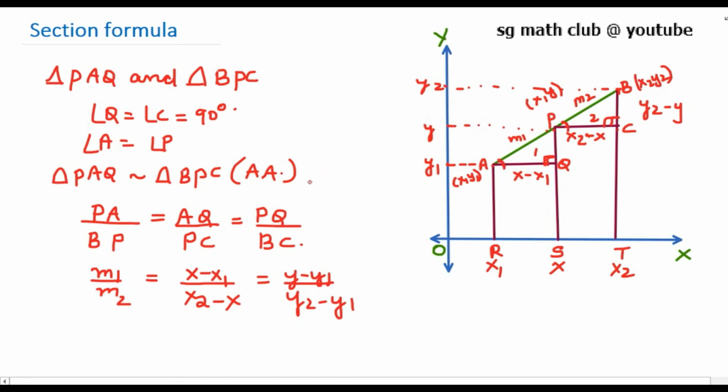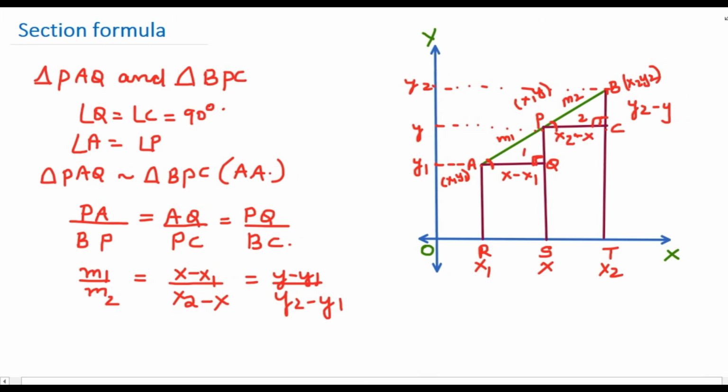So by AA criteria, these two triangles are similar. For two similar triangles, the corresponding sides are proportional. So I have written the corresponding sides and we have found out the distances AQ and PC, and also PQ and BC. Now we need to find the values of x and y from this equation.